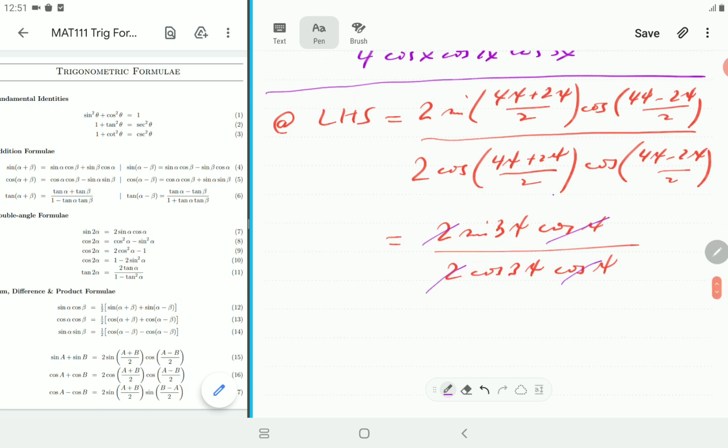Of course, this is provided that cosine psi is not equal to 0. And then sine 3 psi over cosine 3 psi is of course tangent 3 psi, and this is the same as the right hand side.